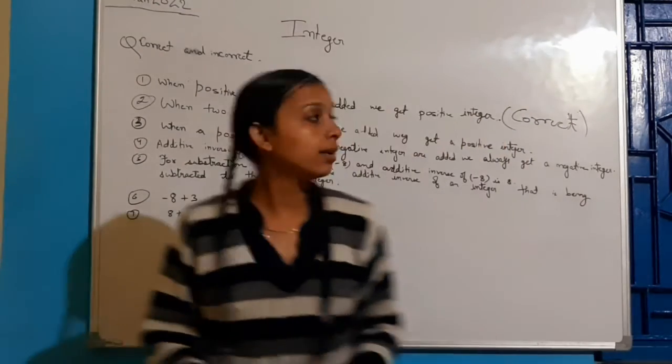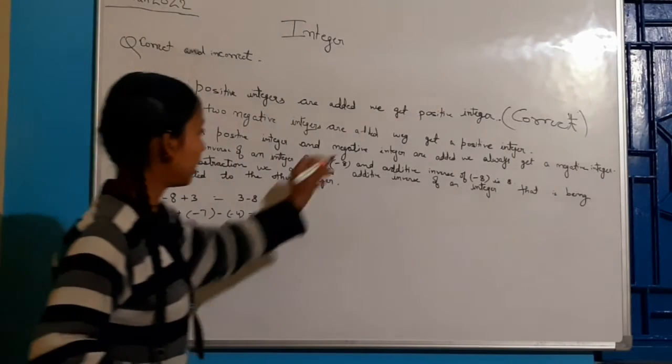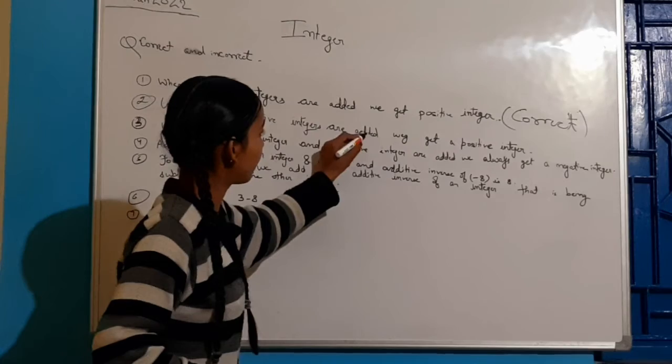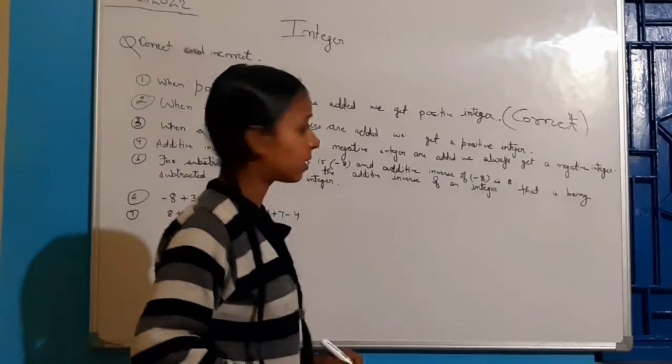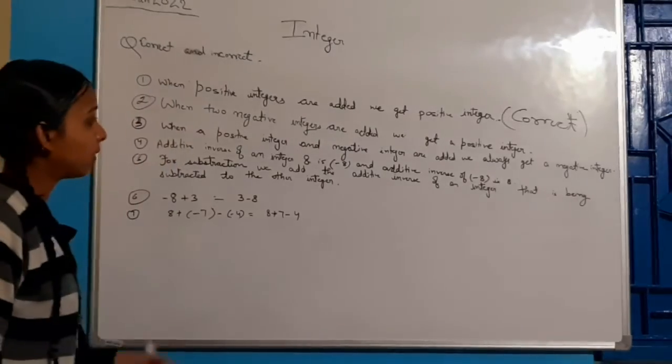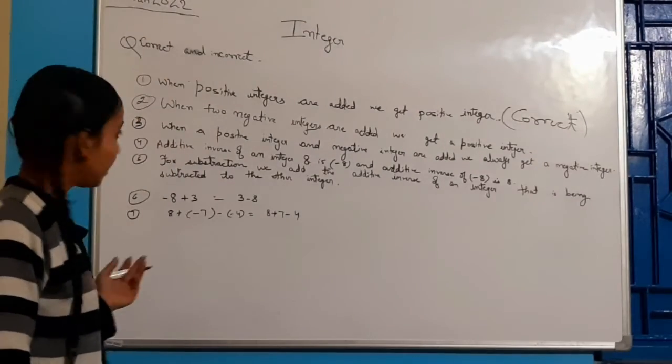Now the second one: when two negative integers are added, we get a positive integer. Is it correct or incorrect?